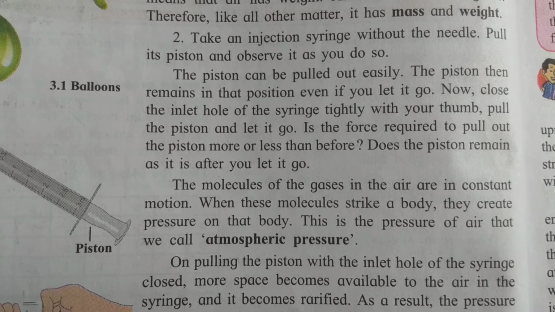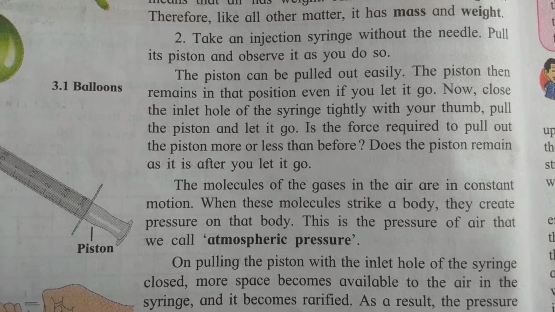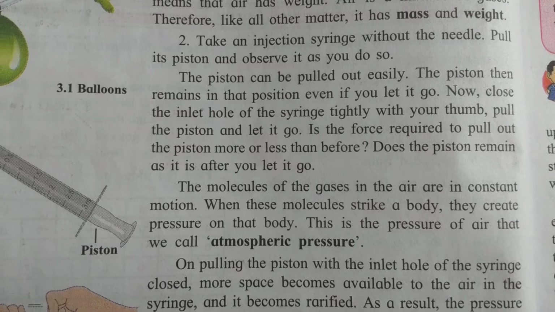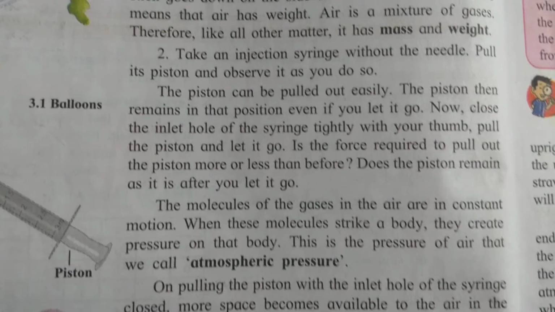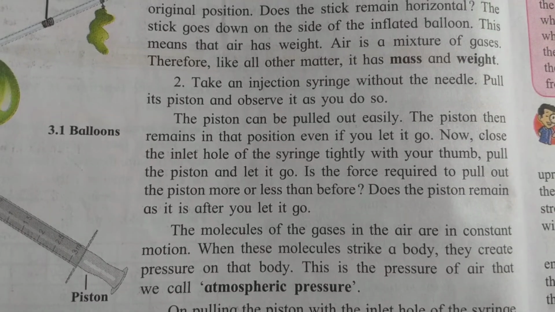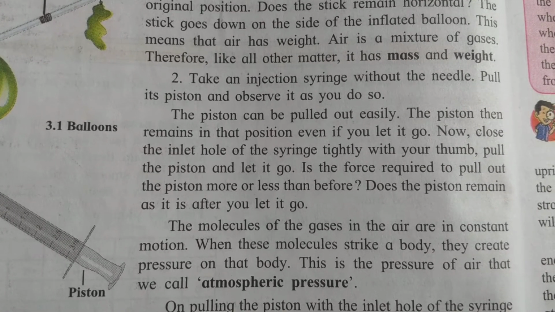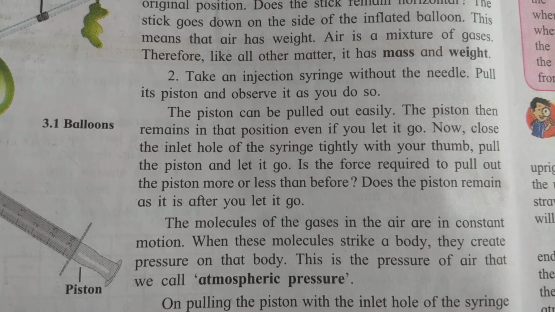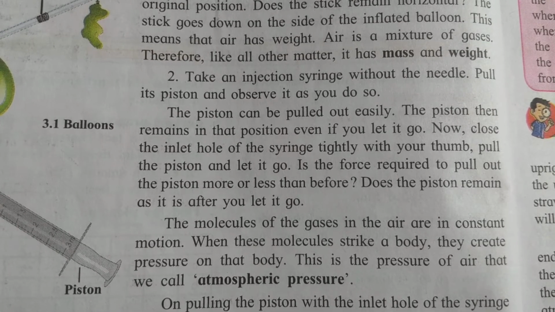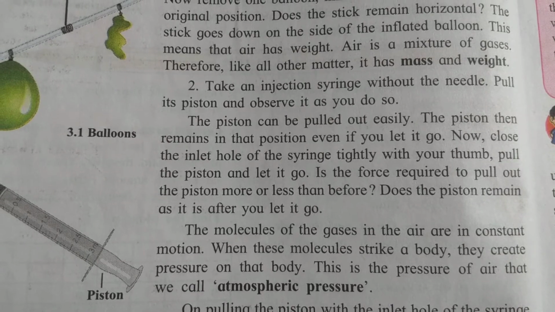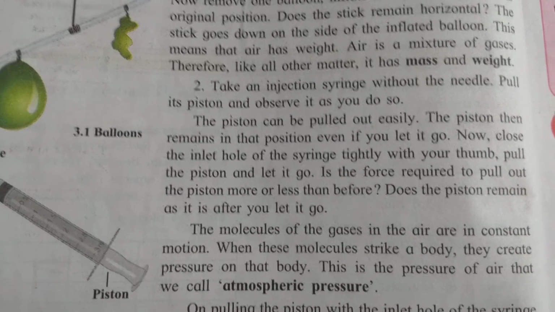When you close the inlet hole of the syringe, you have to apply more force to pull the piston. And next question is, does the piston remain as it is after you let it go? When you are closing the inlet hole and allowing the piston to go, it easily goes back to its original position, it does not remain at the pulled position.